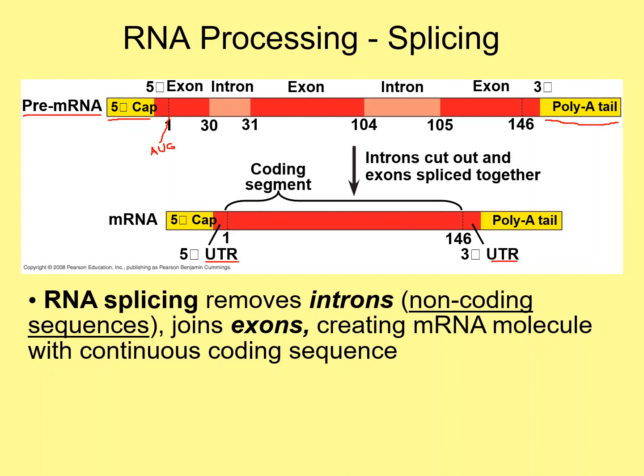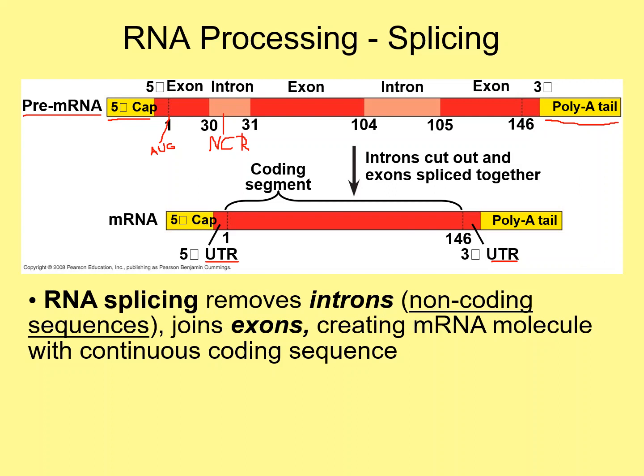Okay, so introns, in an ironic twist of fate, are non-coding sequences, right? What I generally call non-coding regions. So this is junk code. Same with this guy over here.